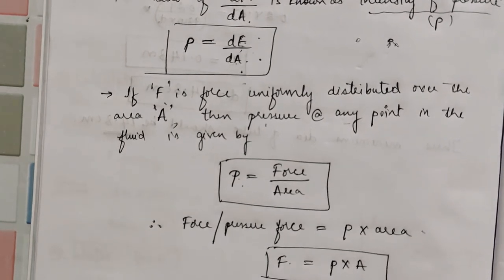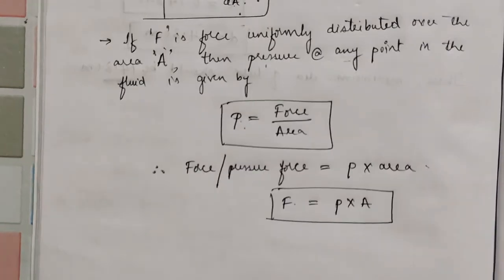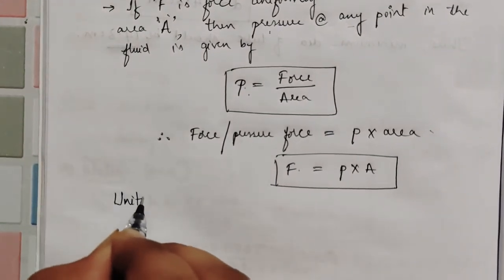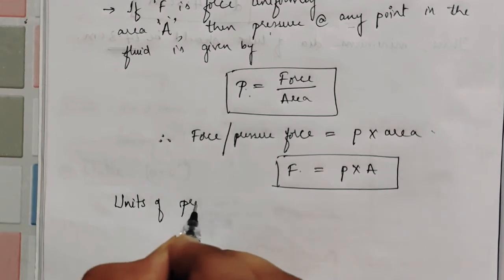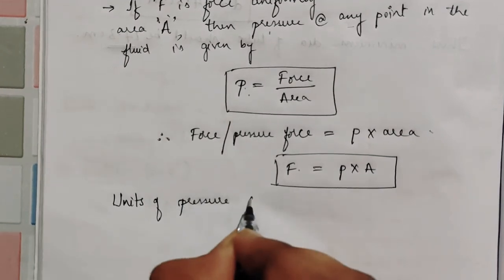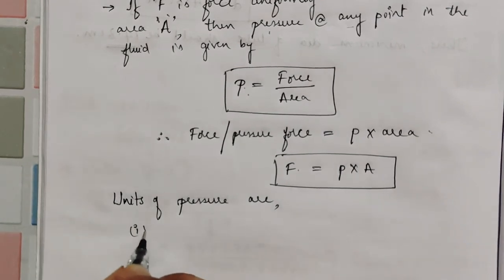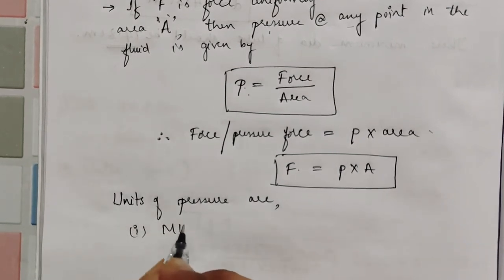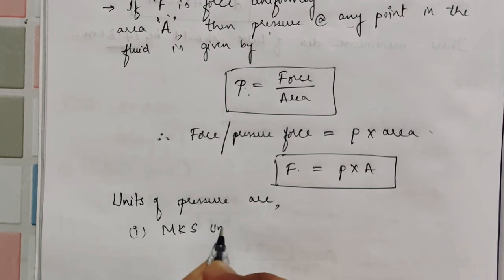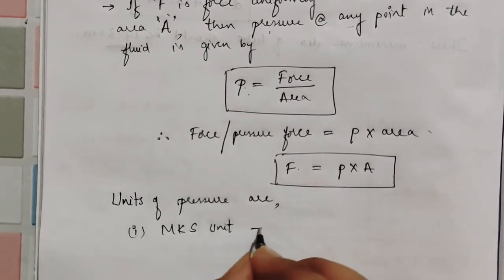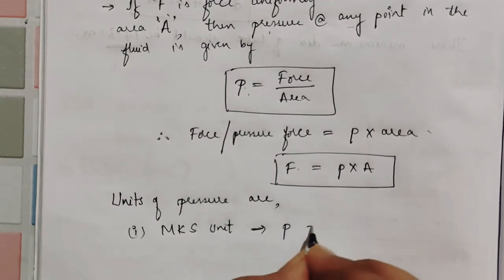Fine. So what are the units now? Units of pressure. It depends on the system. If we take MKS unit, what will be the unit of pressure?